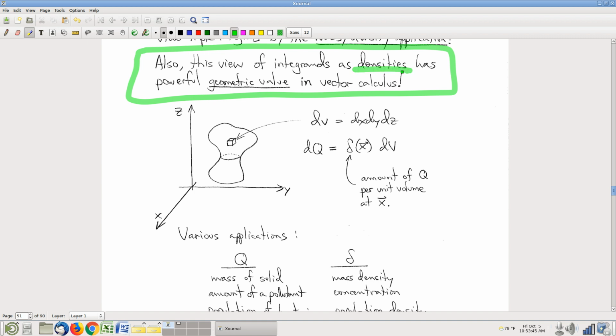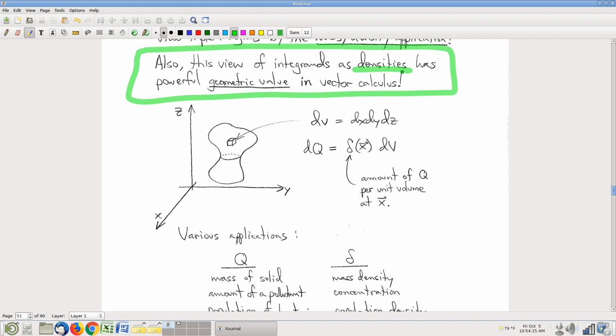And instead of being some sort of a physical stuff per unit volume, there are going to be geometric quantities that accumulate in the same way as physical quantities. So what I mean by accumulate is, mass is an accumulating quantity. If you have an actual mass, if you have a loaf of bread, right? If you slice up the loaf of bread, the sum of the masses of the slices of bread is the same as the mass of the original loaf of bread. So mass is an accumulating quantity in that sense.